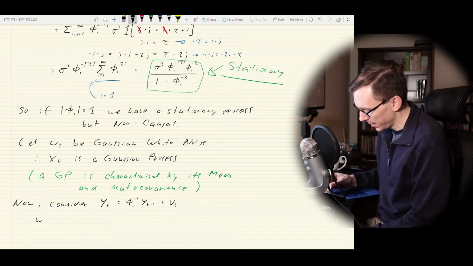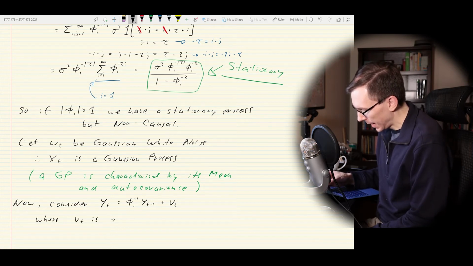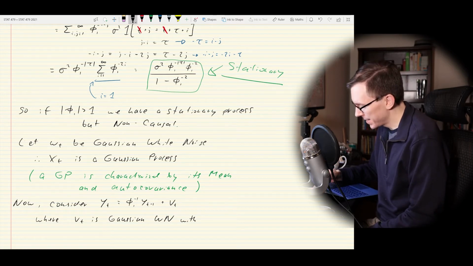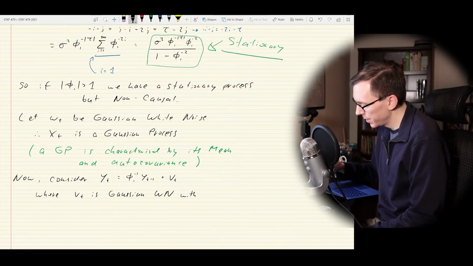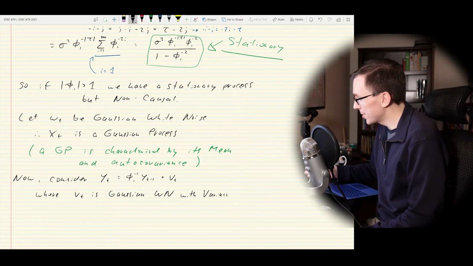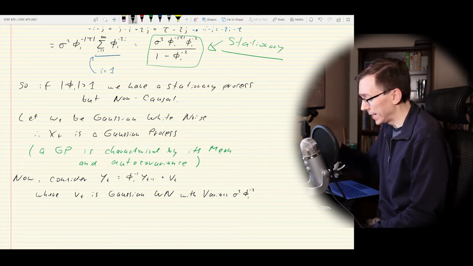I should say where VT is Gaussian white noise with a variance. It always has mean 0, of course, but its variance in this case is going to be sigma squared times phi 1 to the minus 2.